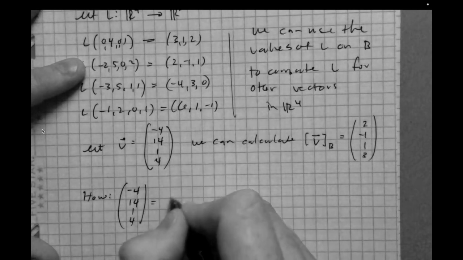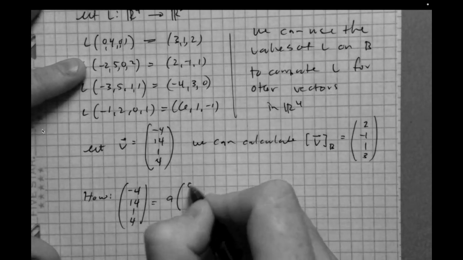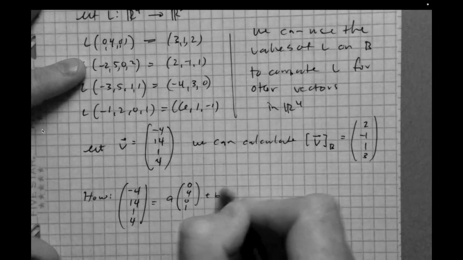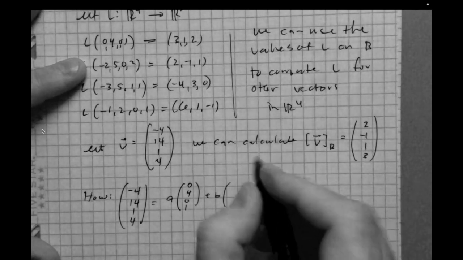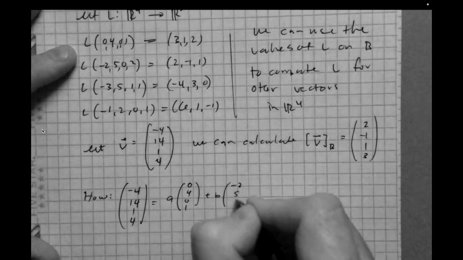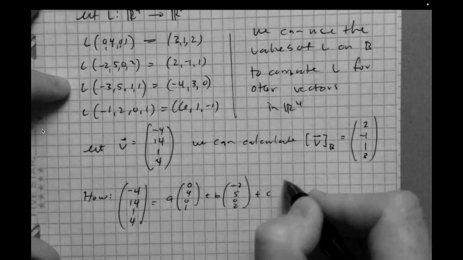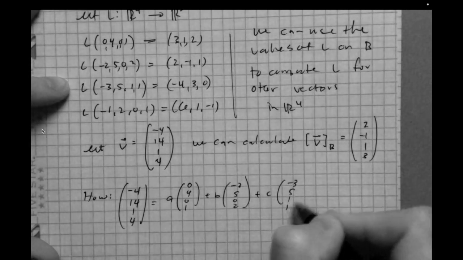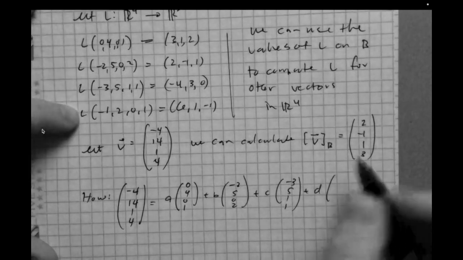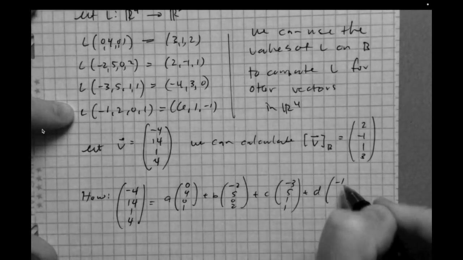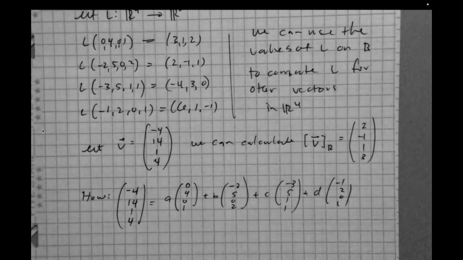So this is going to be equal to A times 0, 4, 0, 1 plus B times negative 2, 5, 0, 2 plus C times negative 3, 5, 1, 1 plus D times this guy, negative 1, 2, 0, 1. Okay, so you can just solve that. You can use an augmented matrix and row reduce it.